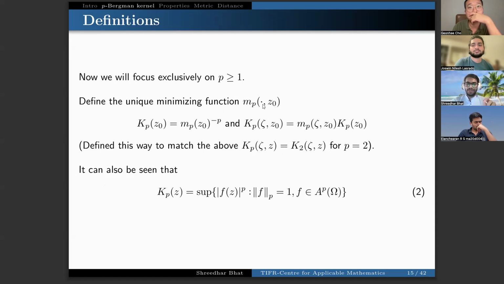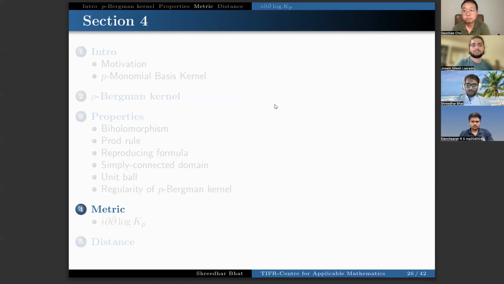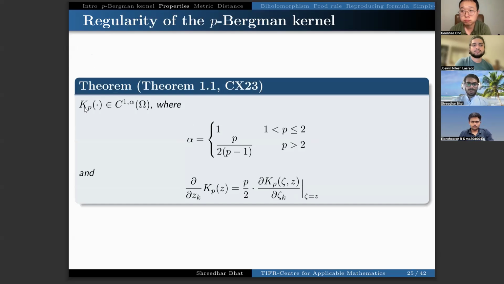You know that in the first variable, it is analytic because you're just looking at that collection of analytic functions only. So it is holomorphic in the first variable, but you don't know how it behaves in the second variable. So that is an issue, and that is why we have to study the regularity property of this.